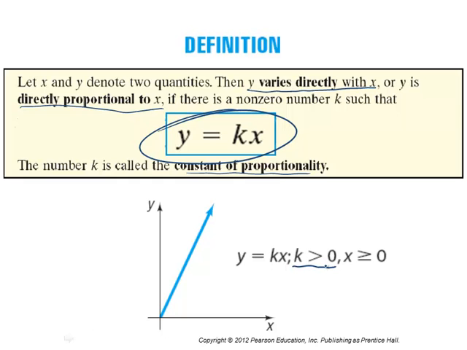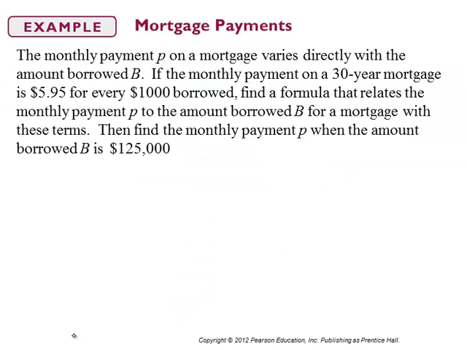Again, we're assuming that k is positive and also that x is non-negative, at least for the purposes of this discussion. More generally speaking, we could allow k to be negative and x to be negative, but for the purposes of this class, let's just assume that k is positive and x is non-negative.